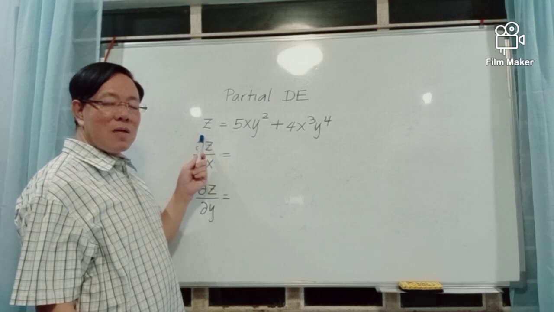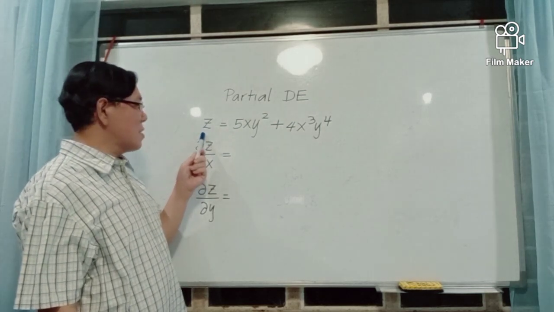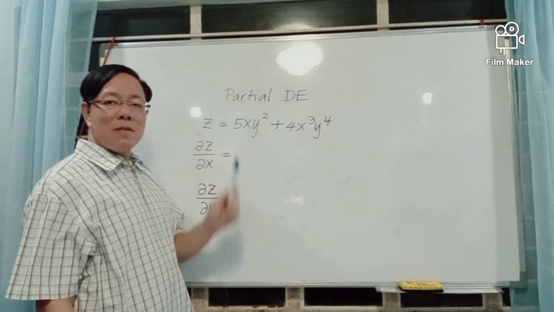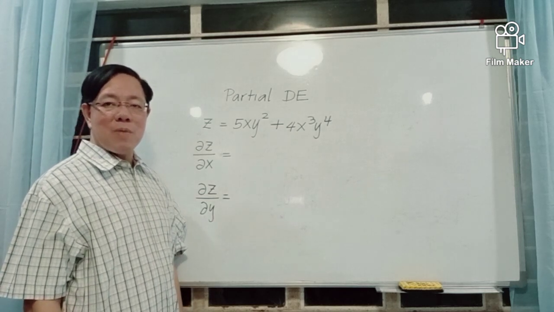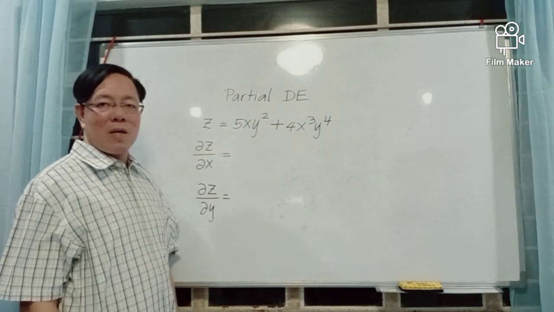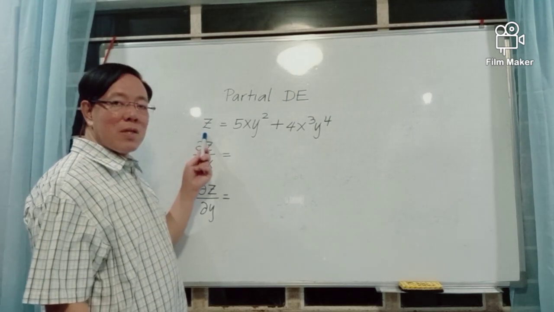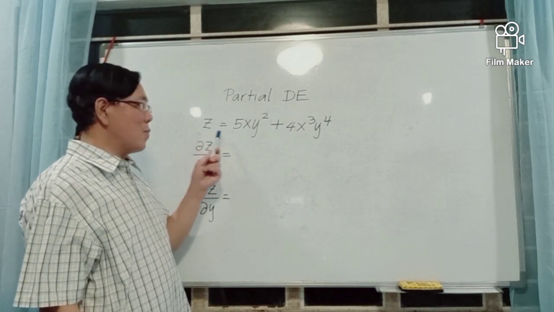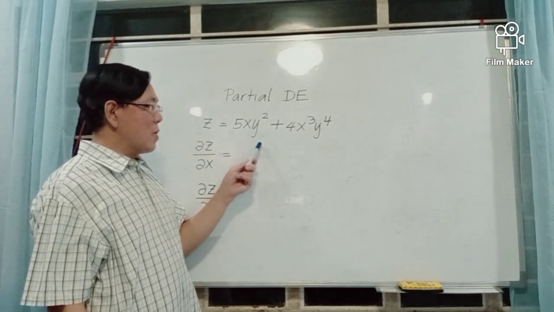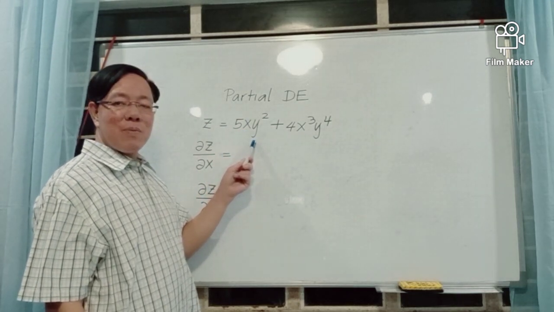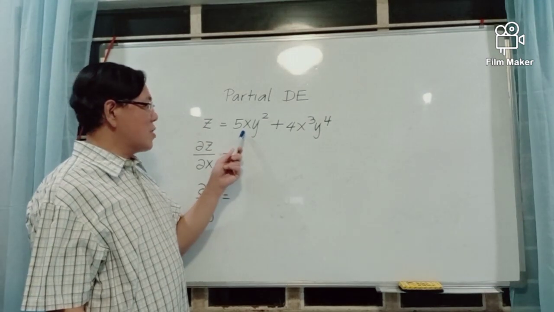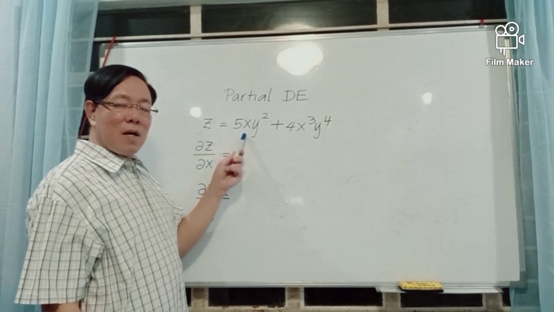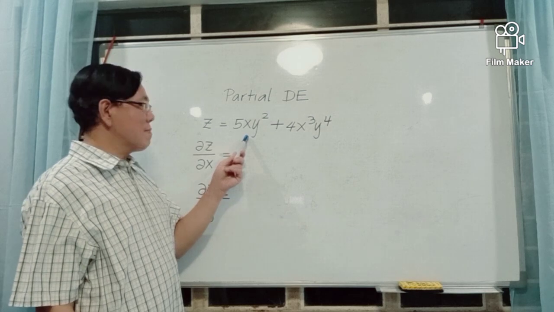When you get the derivative of z with respect to x, that derivative is known as the partial derivative of z with respect to x. And when you get the partial derivative of z with respect to x, you consider the other independent variable as a constant, and you differentiate x with respect to x.